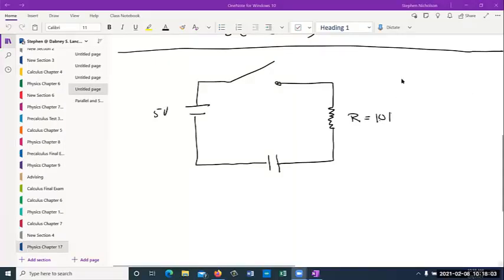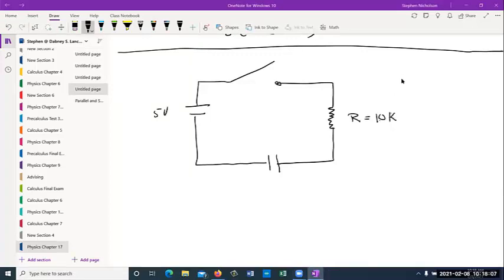Okay, so I was going to do 10,000 ohms here, and the capacitance will be 100 microfarads, which is 100 times 10 to the minus 6 farads.